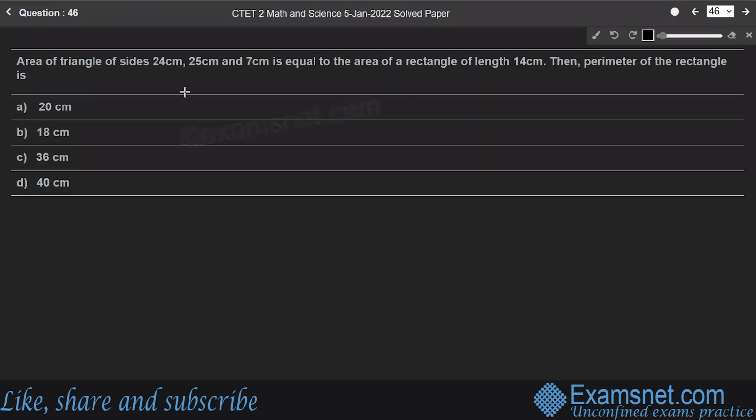Question number 46. Area of triangle of sides 24 centimeter, 25 centimeter and 7 centimeter is equal to the area of rectangle of length 14 centimeter. Then perimeter of the rectangle is. So given, area of the triangle is equal to area of the rectangle.